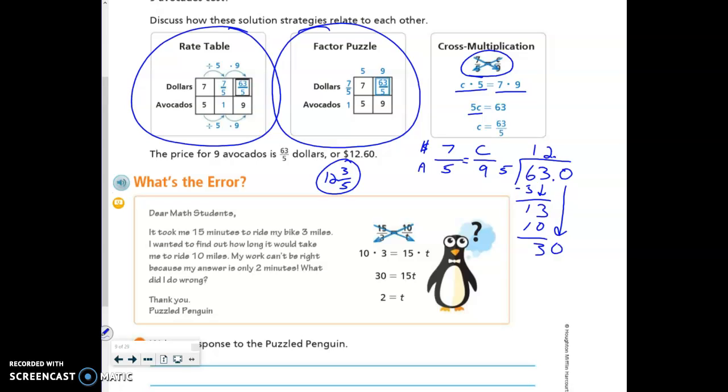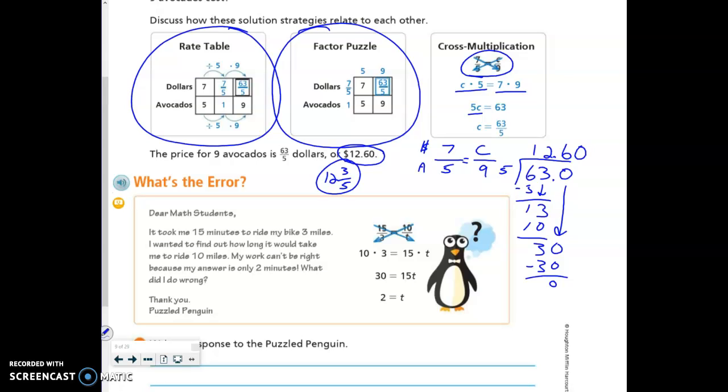Now, 5 goes into 30 6 times. 6 times 5 is 30. I've now got rid of my remainder. I don't typically say $12.6. I usually have money have a second place value, so in this case it would be $12.60, and that is where they are getting that answer.